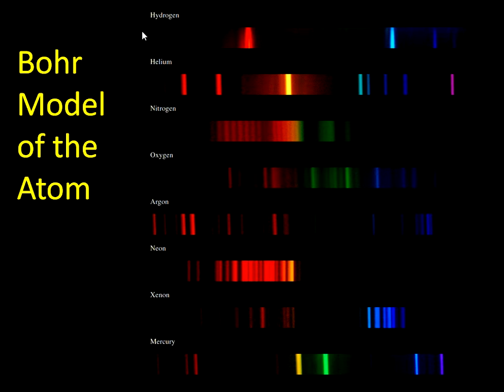So rather than like in a black body, where a hot glowing object emits light continuously across the spectrum, when you look at the spectrum of excited gas, you see that it emits light at this very specific wavelength of red and this very specific wavelength of light blue and this dark blue and so on. It doesn't emit light in between these wavelengths.